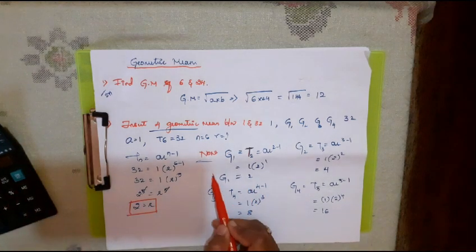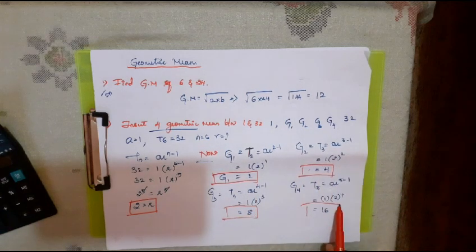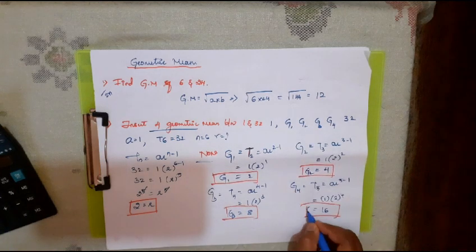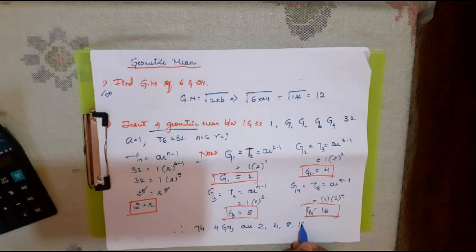Okay, so G1, G2, G3, G4. Therefore the 4 geometric means are 2, 4, 8, 16. This is how you have to calculate the geometric means.